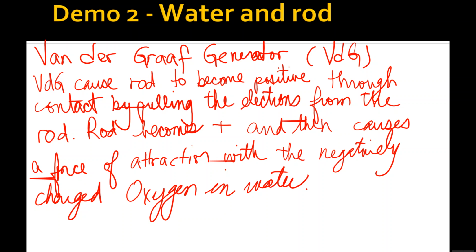Both balls will become positive, and then what's going to happen? If they both become positive, then they will repel. Explain why. Because this has a very strong positive charge and has some neutrals.